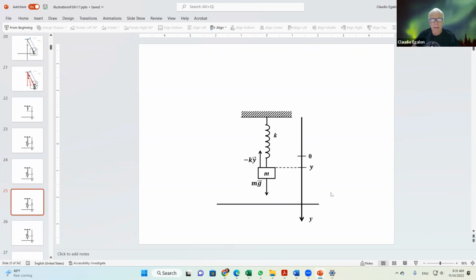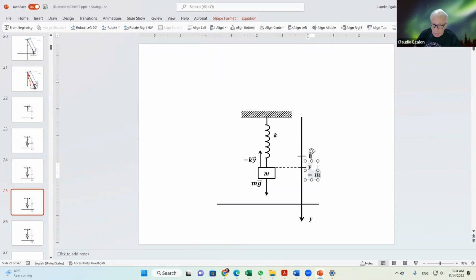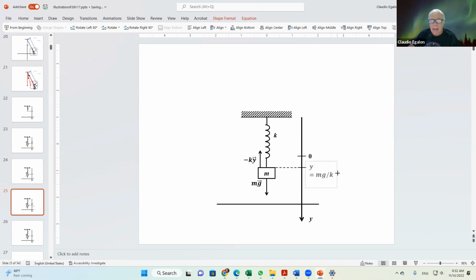Here you go. That's the old position of equilibrium, and that's the new position of equilibrium that I put as 0 prime. The old position of equilibrium I put at 0, the new one at 0 prime. And I can go ahead and write it down here. It's going to be mg divided by k. Right? mg divided by k.